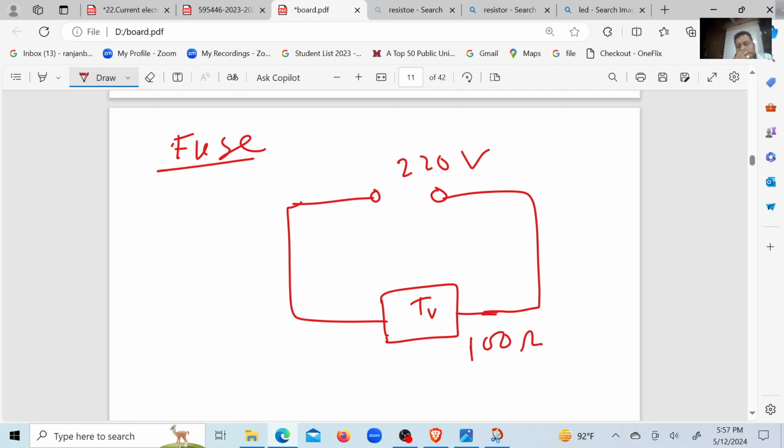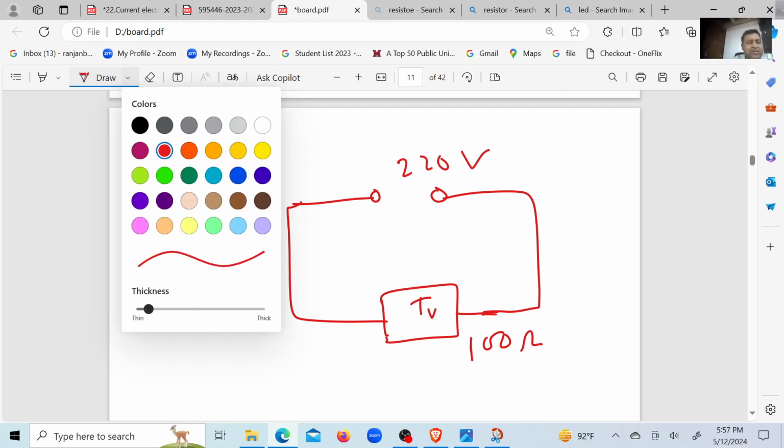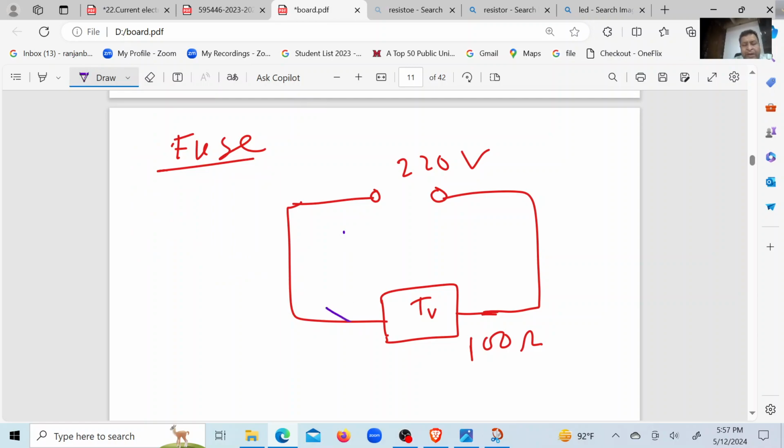Now the TV is operated by the current I equals V by R, right? So 220 by 100, it will be what? 2.2 ampere. Clear? Okay.